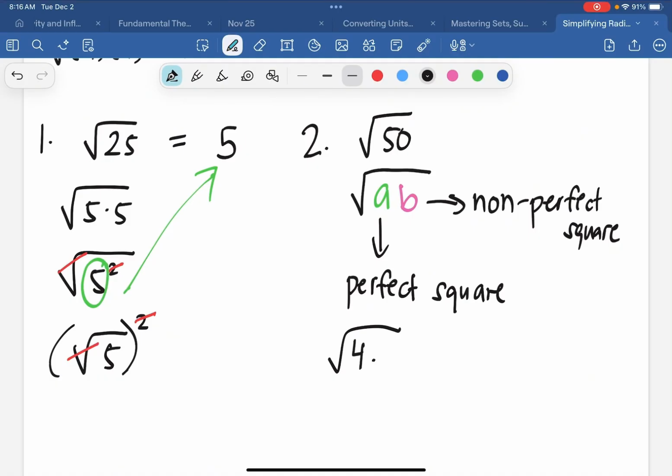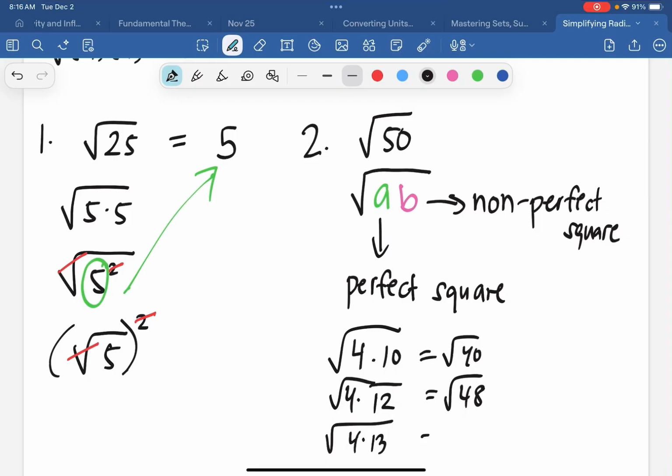If we try with 10, perhaps, I went to 10 because if you multiply 4 with 9, it's 36. If we multiply it with 10, it's 40, which is still not close to 50. 4 times 12, we have 48. 4 times 13 is 52. Based on this, it didn't work out, so we need to go over to the next perfect square, perhaps. This one here is wrong.